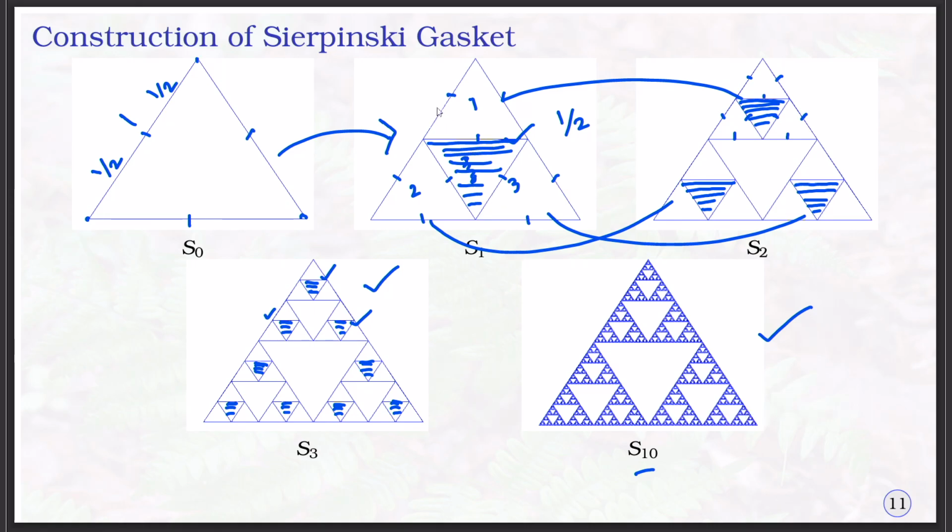Therefore, the side length of this triangle is 1 by 2, and the side length of this triangle is 1 by 2. Similarly, the side length of this triangle is 1 by 2. So, what is the observation from the first step to the second step? Here the triangle side length is 1, whereas here we have 3 triangles, each of side length 1 by 2.